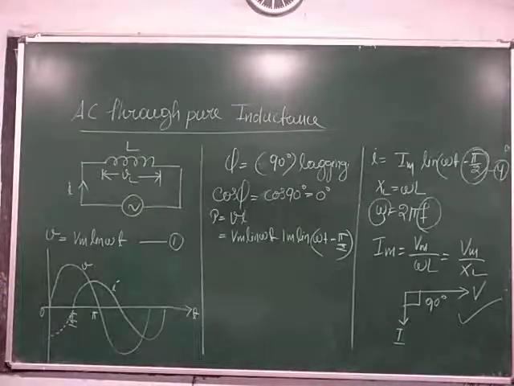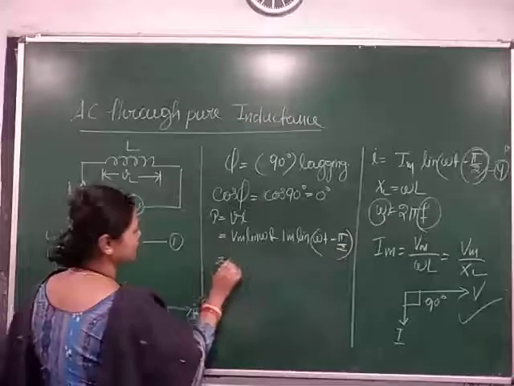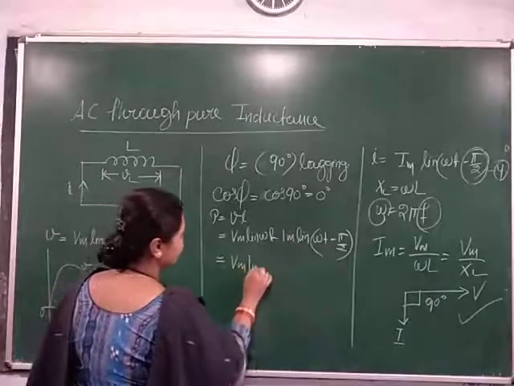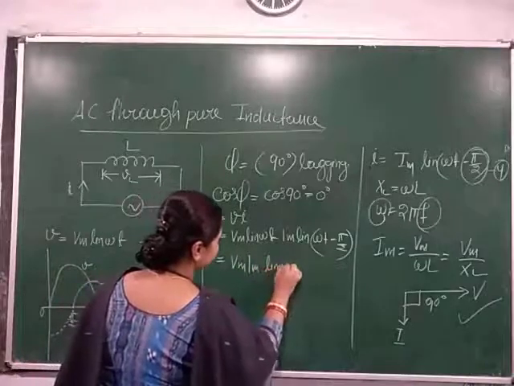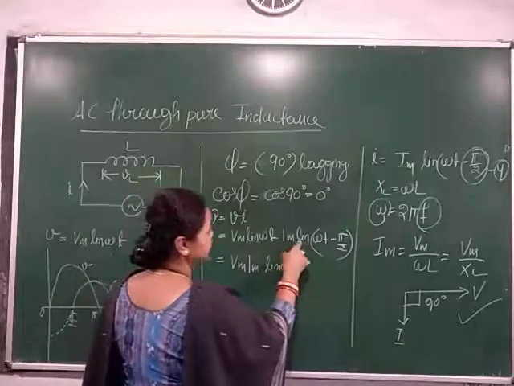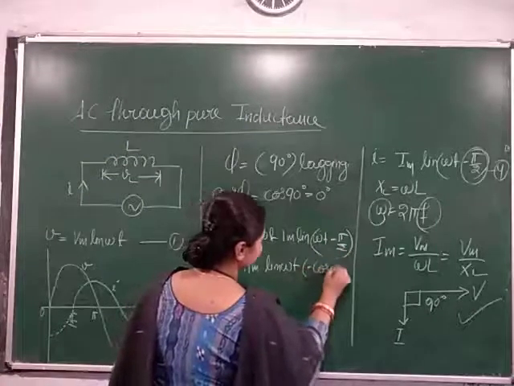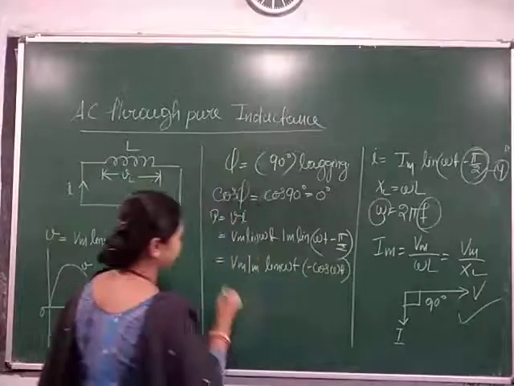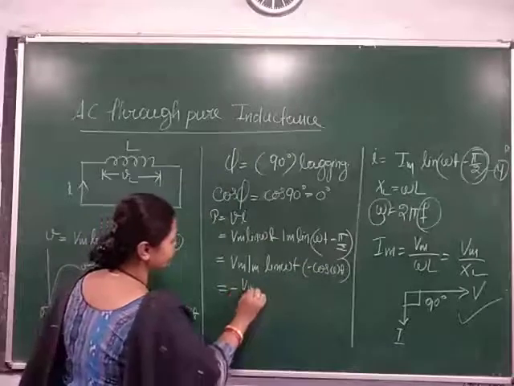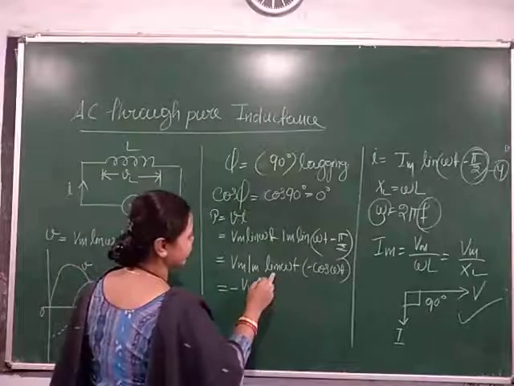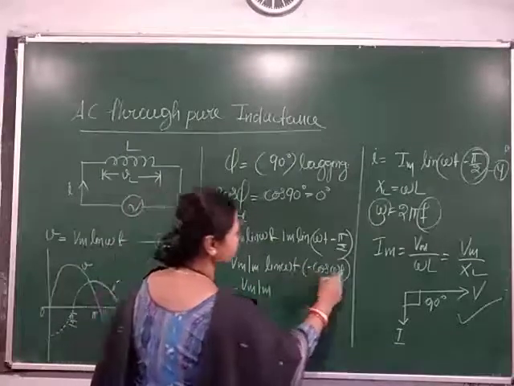Okay. And if you simplify this equation, you get Vm Im sin omega t. And what is sin(omega t minus pi by 2)? It is minus cos omega t. So, if you simplify these two equations, you get sin omega t cos omega t.